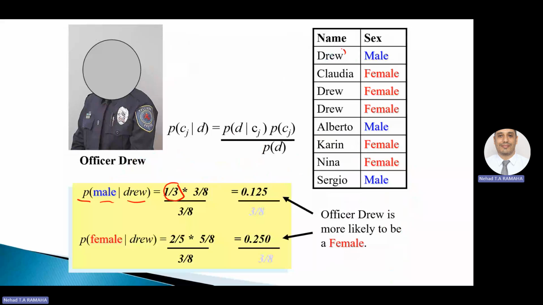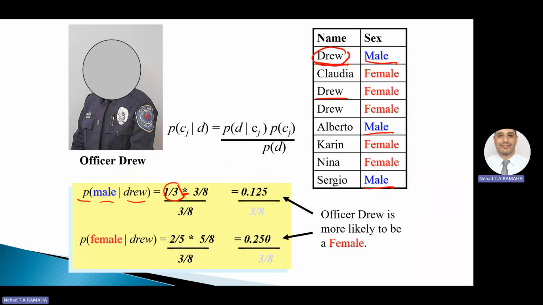Why 1 over 3? 1 true out of 3 males, multiplied by the probability of male. Okay?